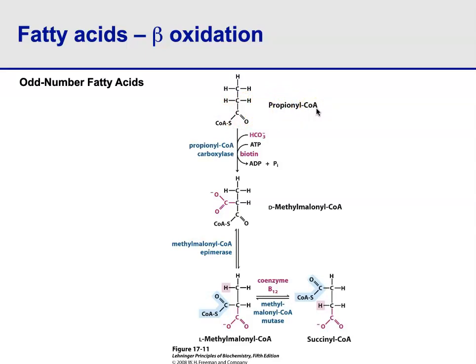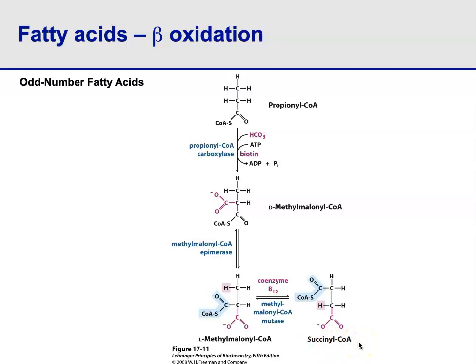Then, in order to make propionyl-CoA something that the body can actually handle with existing cycles, the cell will carboxylate propionyl-CoA with the use of ATP and biotin to form methylmalonyl-CoA. The methylmalonyl-CoA will then be isomerized to succinyl-CoA.